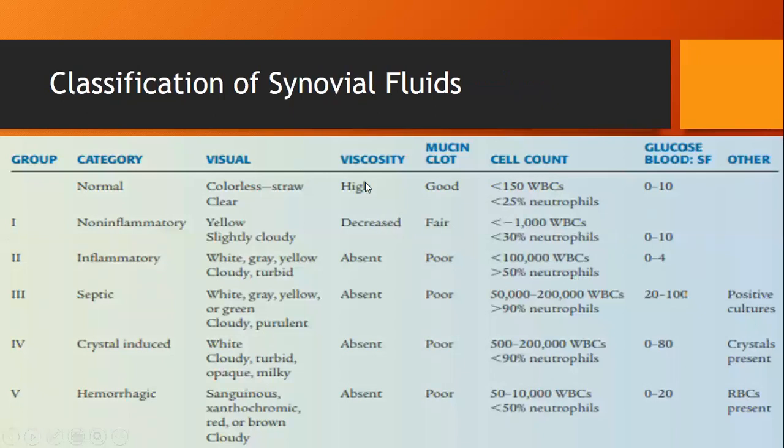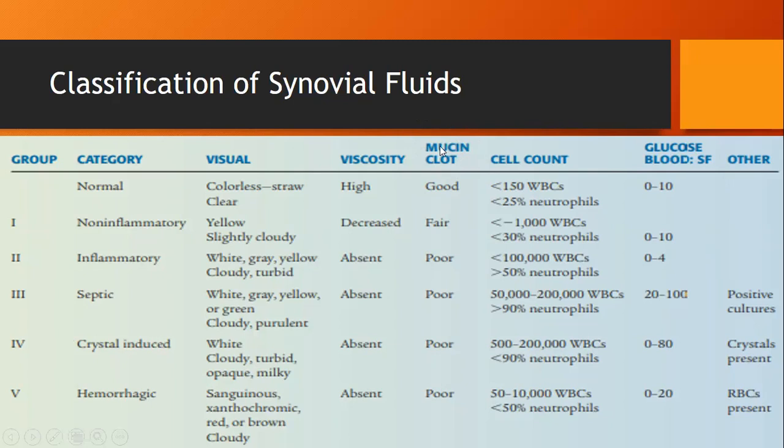Now, we also have what we call the classification of synovial fluids. This table shows us the different classifications, under groups 1, 2, 3, 4, and 5, and the usual appearance of the synovial fluid and its respective viscosity and mucin clot. Mucin clot is a test to determine if you have enough hyaluronic acid.